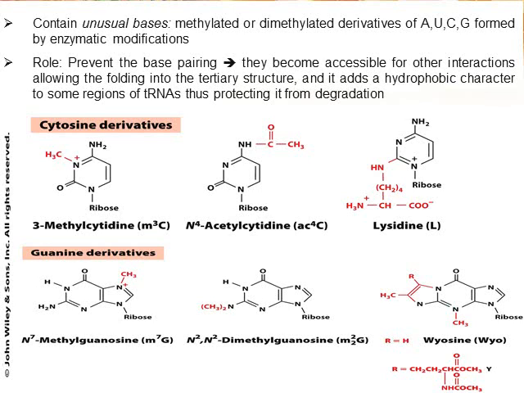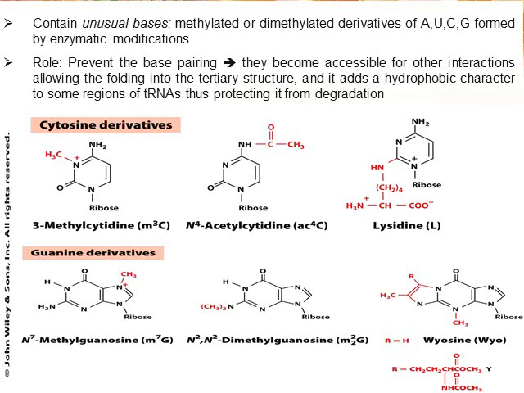The importance of these unusual bases is that they prevent base pairing. In this way, they become accessible for other interactions, allowing the folding of the secondary structure into the tertiary structure, and it adds a hydrophobic character to some regions of the tRNAs, stabilizing the tertiary structure, thus protecting the tRNA from degradation.